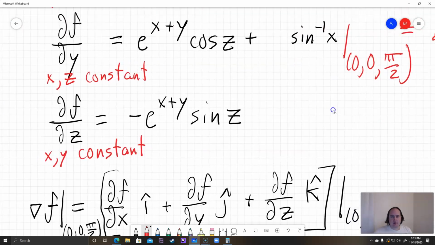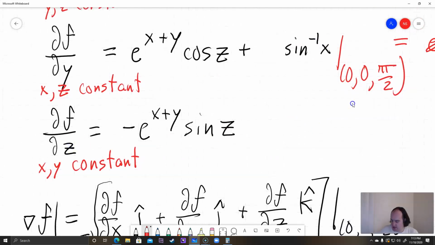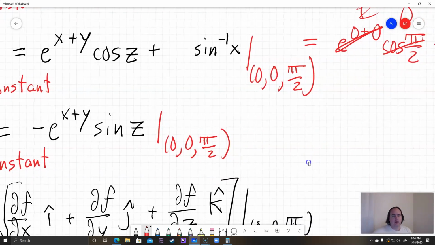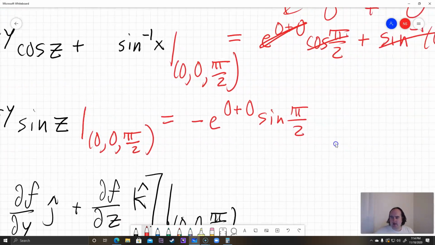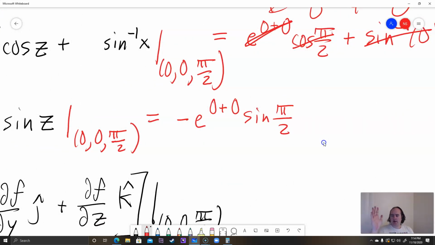And then for our last coordinate, for partial f, partial z, if we evaluate this one at 0, 0, pi over 2, once again, plugging everything in, we get negative e to the 0 plus 0 times sine of pi over 2. But remember that sine of pi over 2 is actually the y-coordinate on the unit circle when you're at 90 degrees.